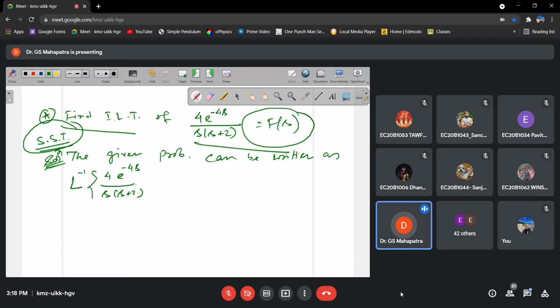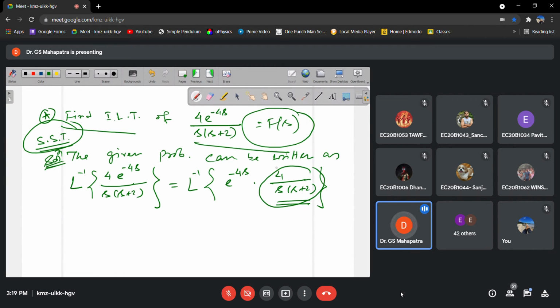This is our ultimate target. So now we have to write it in the form of SST: e to the power minus 4s into 4 by s into s plus 2.